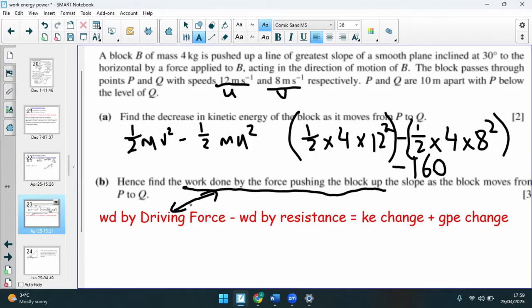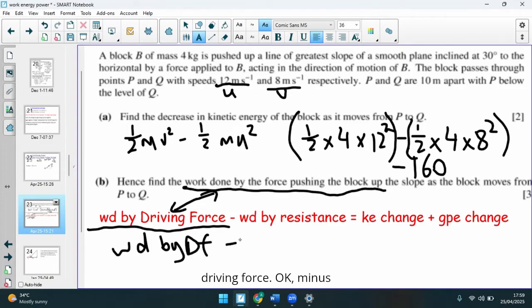Okay, so now let's see which values we have here. I'm going to leave this as it is because this is what we are finding. So work done by driving force, minus work done by resistance. Now, this is a smooth plane.